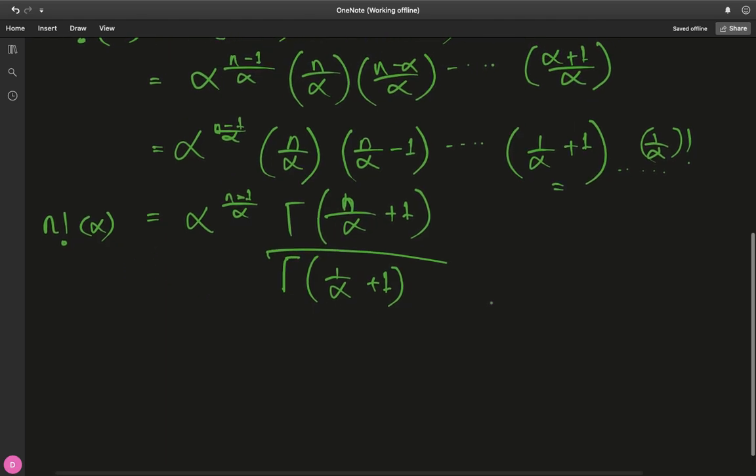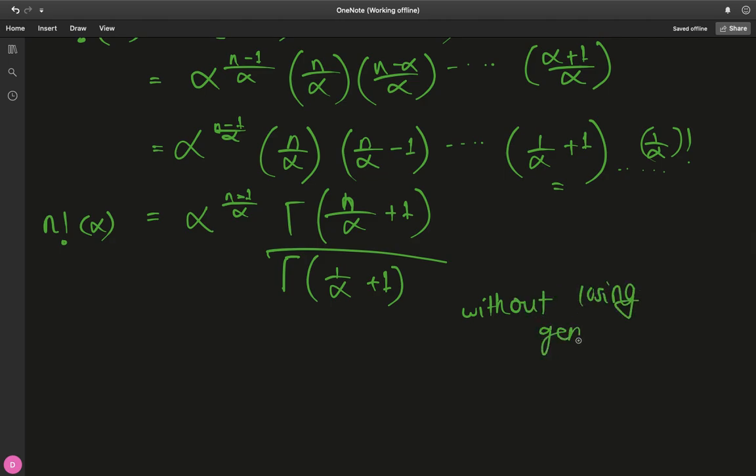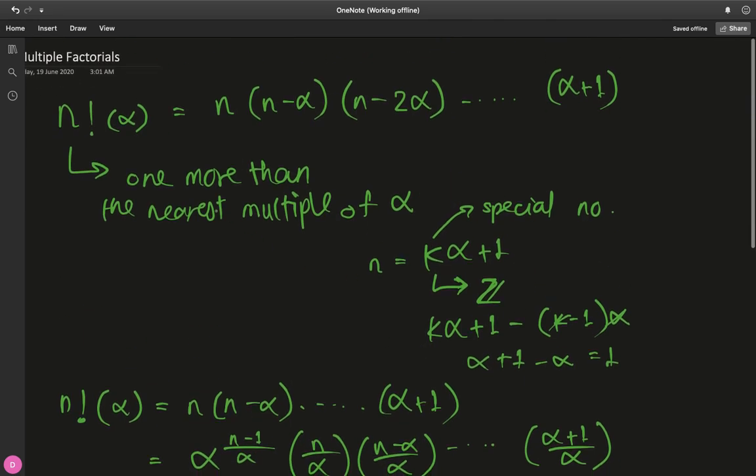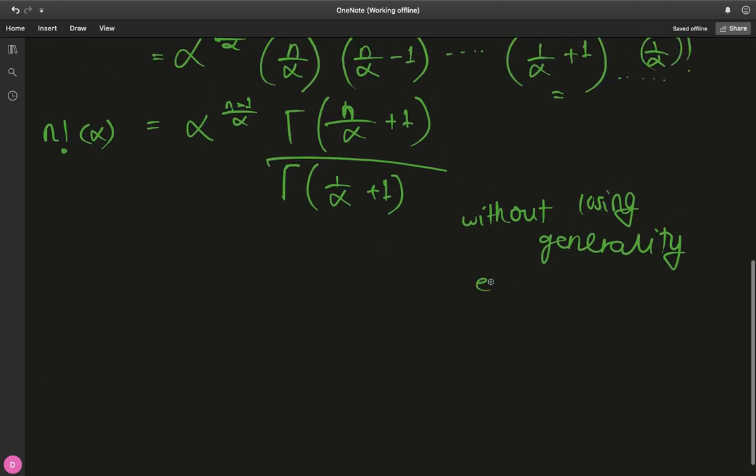And without losing generality, we originally had n, which was 1 more than the nearest multiple of alpha. We can extend this to most other n's.